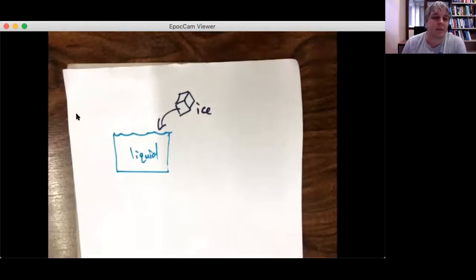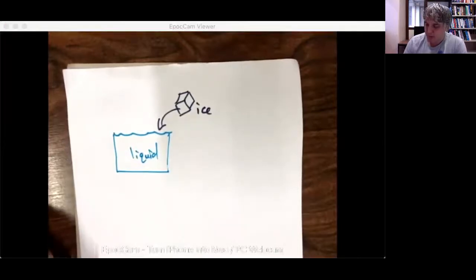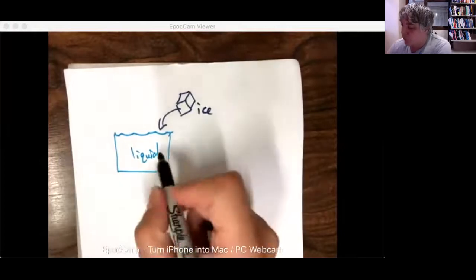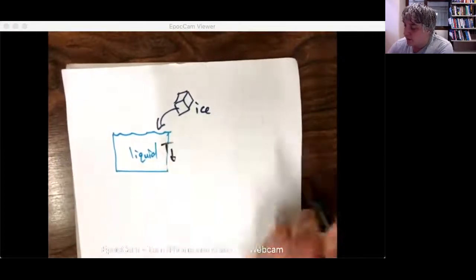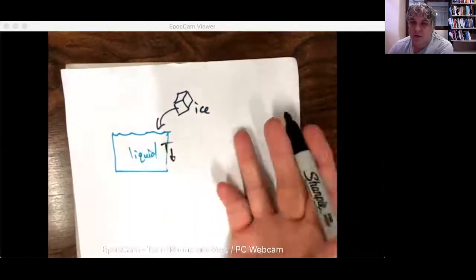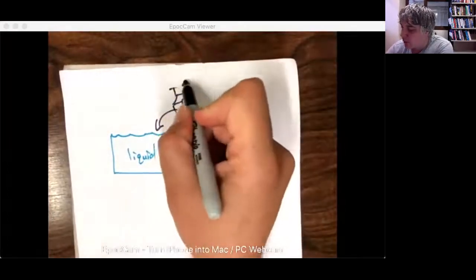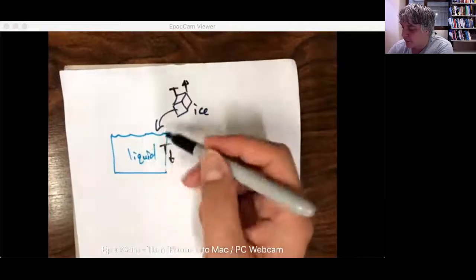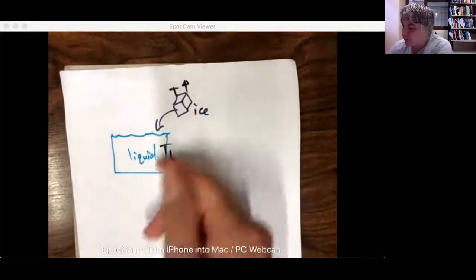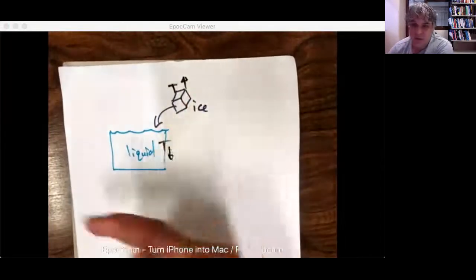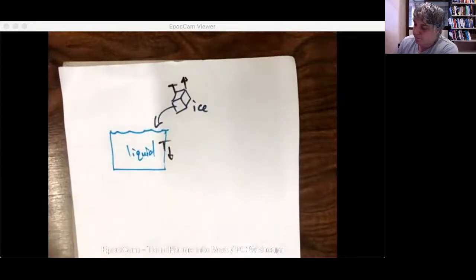They did tell us temperatures, but it doesn't even matter. We know that ice has to be colder than liquid water. Regardless, the temperature of the liquid water must go down, because it's going to be losing energy to the ice, and the temperature of the ice must go up in order to come to the same temperature as the liquid. It's going to come up to 0 degrees, it's going to melt, and then it's going to come to the same temperature as the liquid.